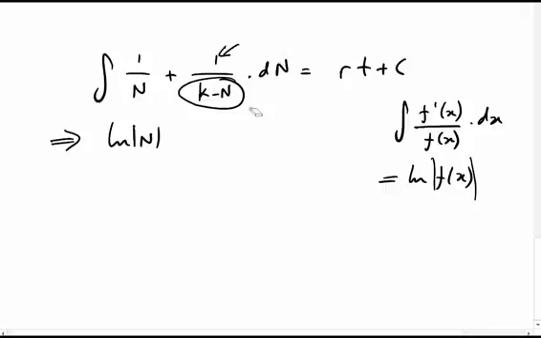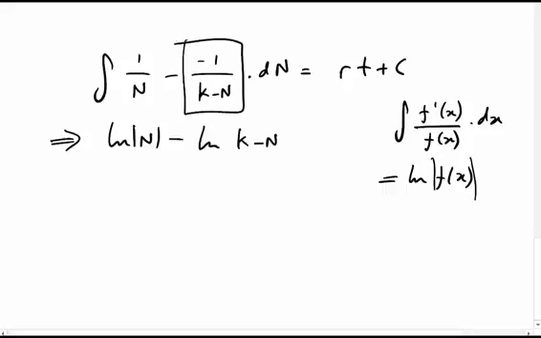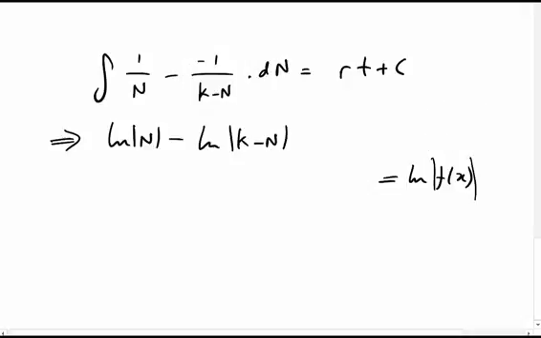So I'm going to have to be a little bit clever and change this to a minus and put a minus there, because then I'll end up with a minus times a minus, which becomes a positive anyway. So now what I'll end up with is minus, and this is exactly what I want. It's just the logarithm of what's on the bottom, so k minus n. That's just first year calculus effectively, equals rt plus c.